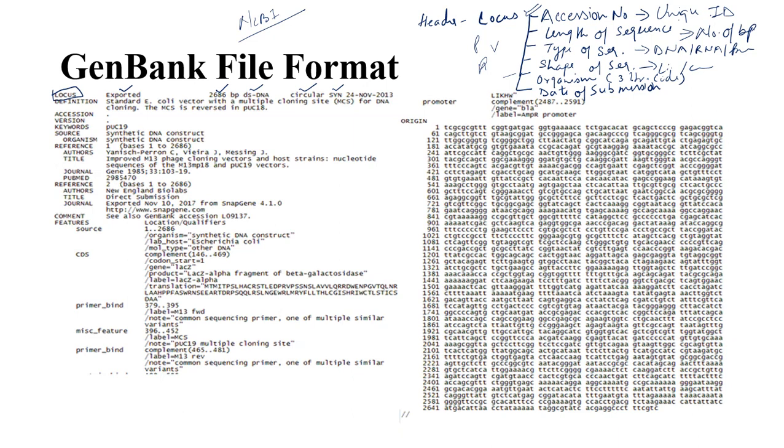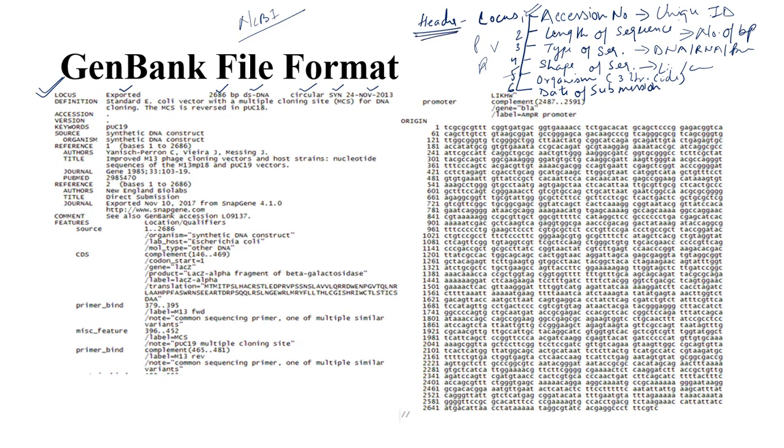And on 24th November 2013 it was submitted to the GenBank database. Okay, so it is very important. If anyone asks you what the locus is, you can define the locus with these 6: 1, 2, 3, 4, 5, 6. Okay, that is very important. This is the main feature of the header.